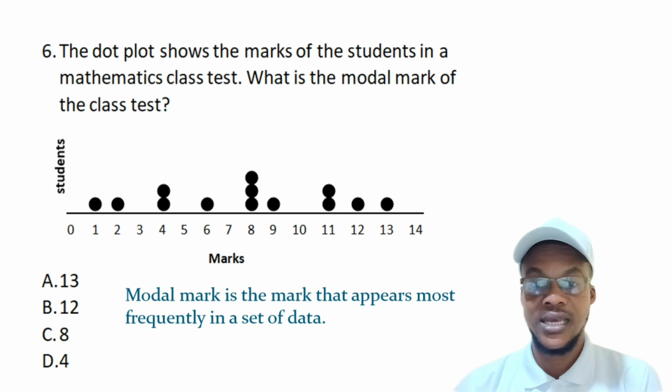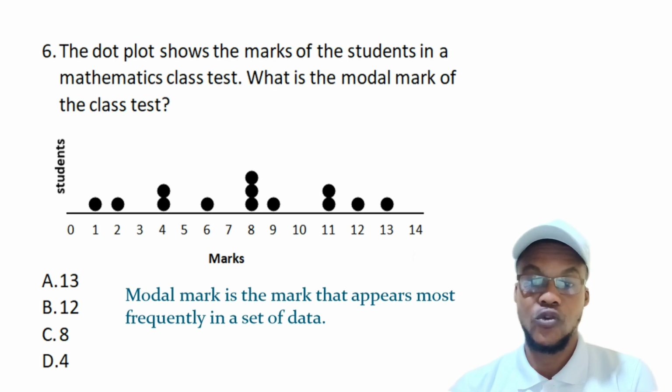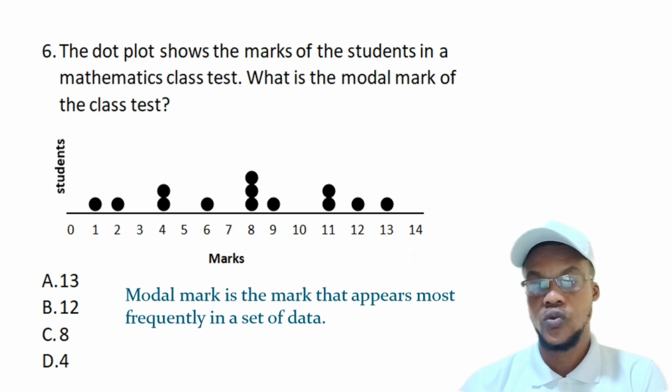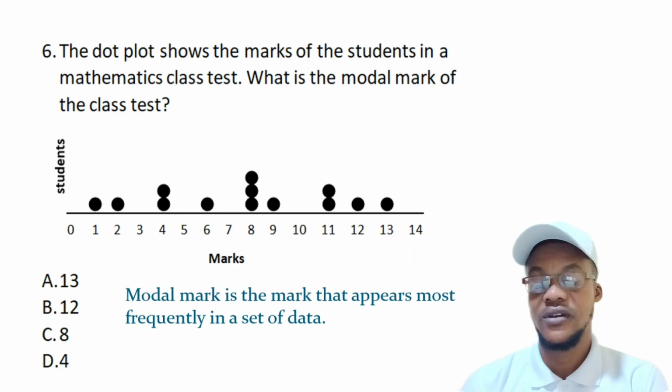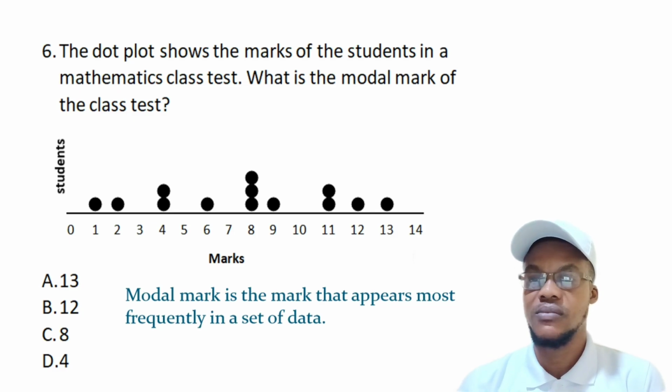If you look at this example, at the dots for each mark, for the 8, how many dots do we have? We have 3 dots. The one which has the most dots becomes the modal mark. So it means there are 3 students who had the same mark of 8.